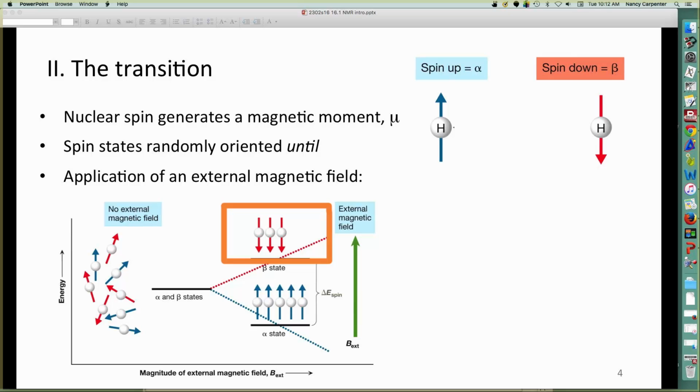Those little spinning nuclei whose magnetic moments oppose the external magnetic field are definitely higher energy, and bottom line is that you have this gap here that allows for you to record a spectrum.